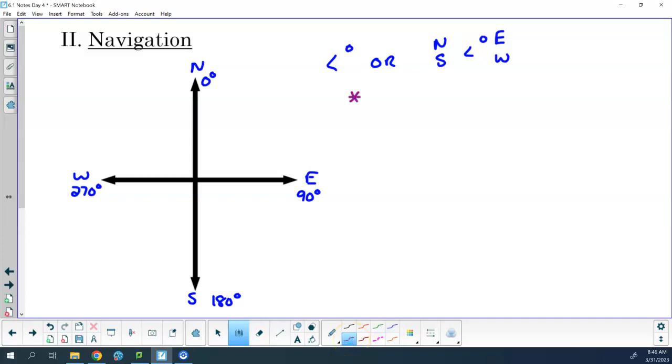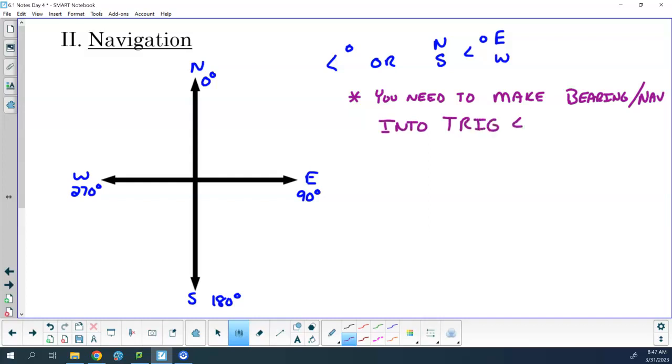Remember, and this is going to be extremely important today, you need to make whatever angle you have into a trig angle to use it.